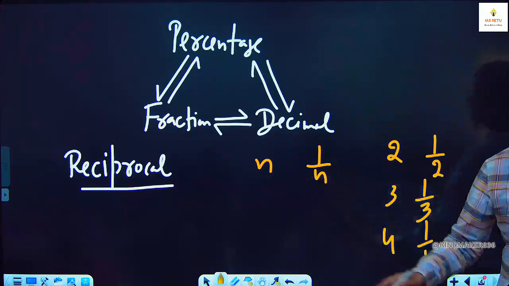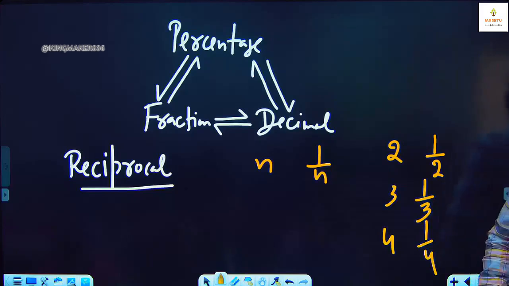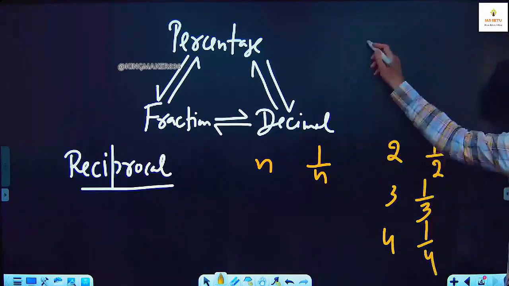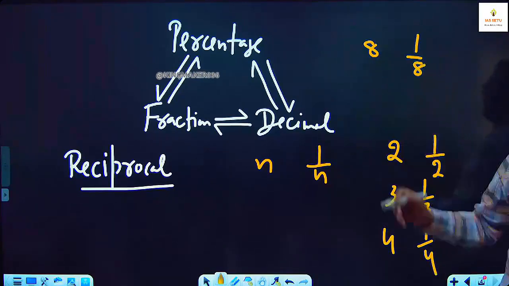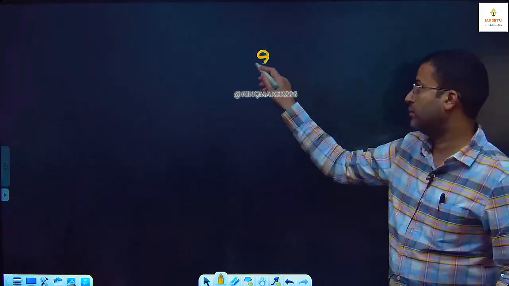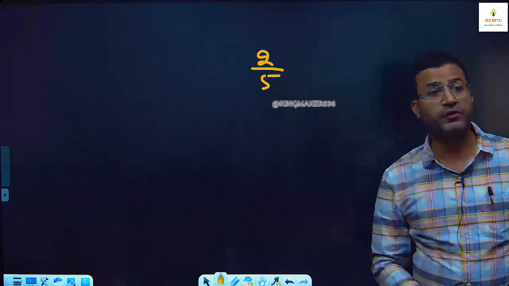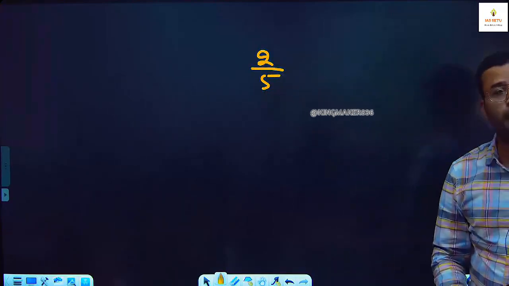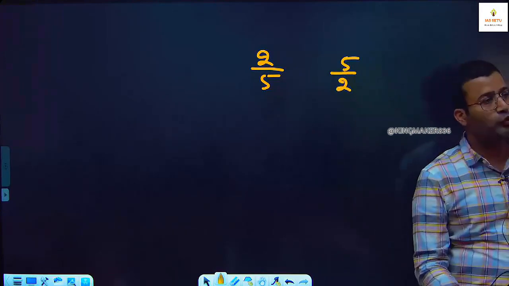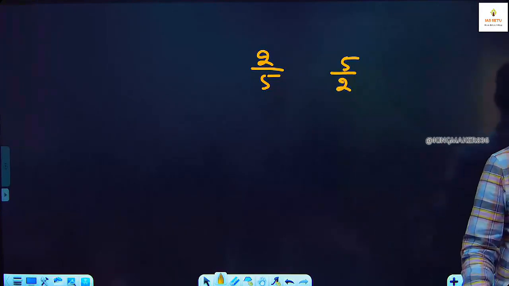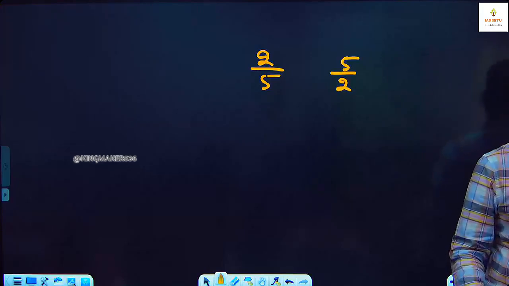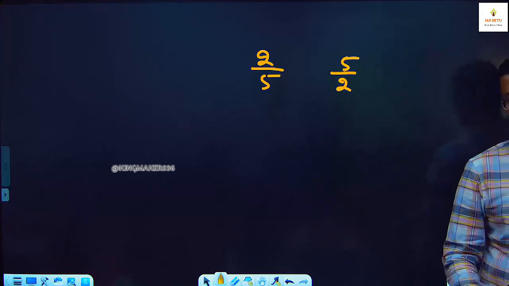So I will use reciprocal in my table, so you should know the term reciprocal. Reciprocal of 8 is 1 by 8. And even if you have 2 by 5, to find the reciprocal of 2 by 5, it gets inverted, 5 by 2. Reciprocal of 2 by 5 is 5 by 2, where the numerator becomes the denominator and the denominator becomes the numerator. That is known as reciprocal.